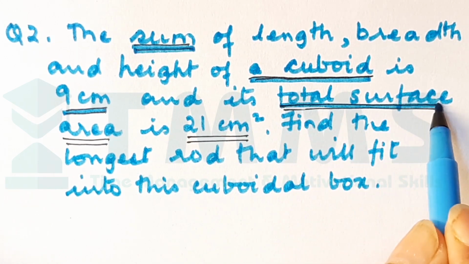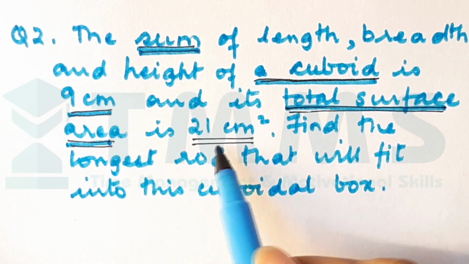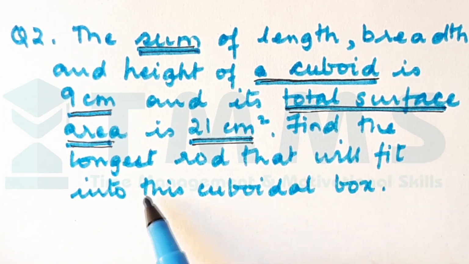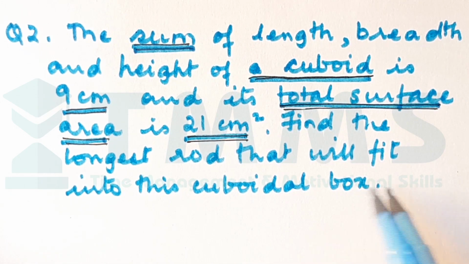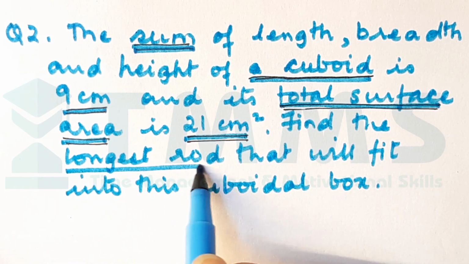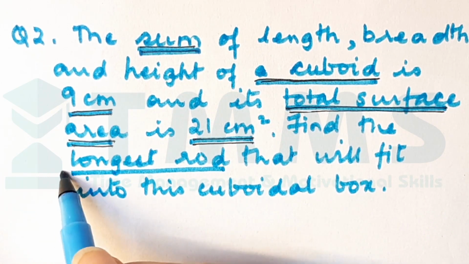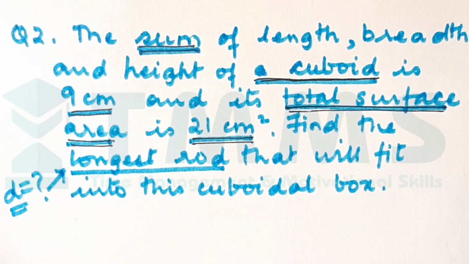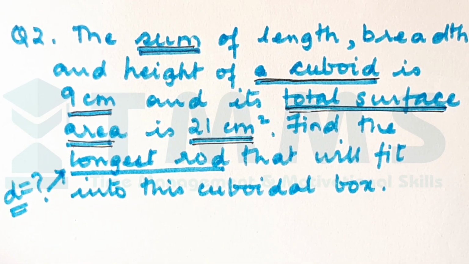It is the total surface area, that is TSA. Find the longest rod that will fit into this cuboidal box. Now, the longest rod that will fit into the box will be the diagonal. This means it is the diagonal D. So our question is diagonal equal to how much?